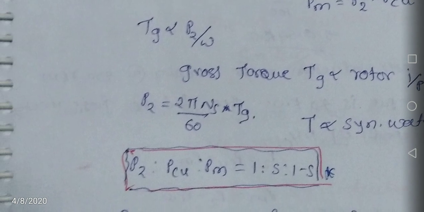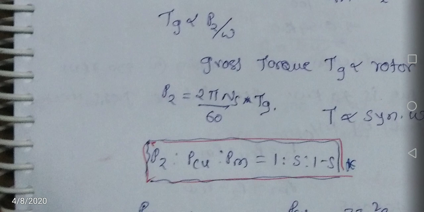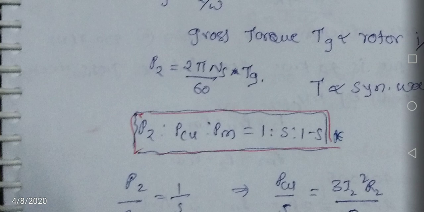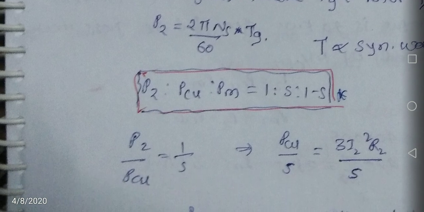So power P2 equals 2 pi Ns times T, so the torque can be expressed in synchronous watts. Here P2 : PCU : PM equals 1 : S : 1 minus S. I will explain this relation in the next slide, how to get 1 : S : 1 minus S.